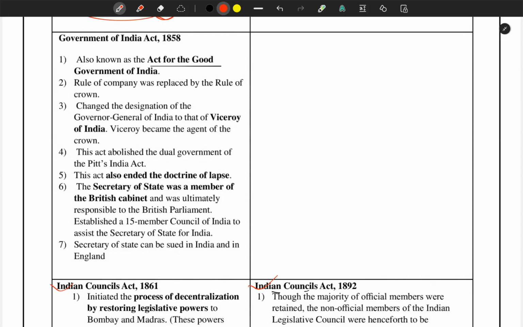Government of India Act 1858 is also known as the Act for the Good Government of India.